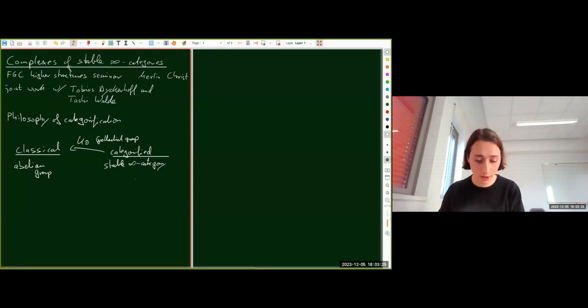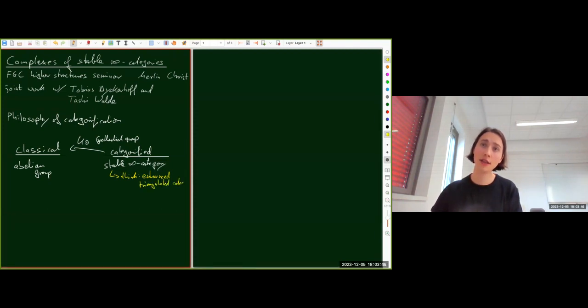And second of all, it's stable. Stable means that you should think of this as a kind of enhanced triangulated category.